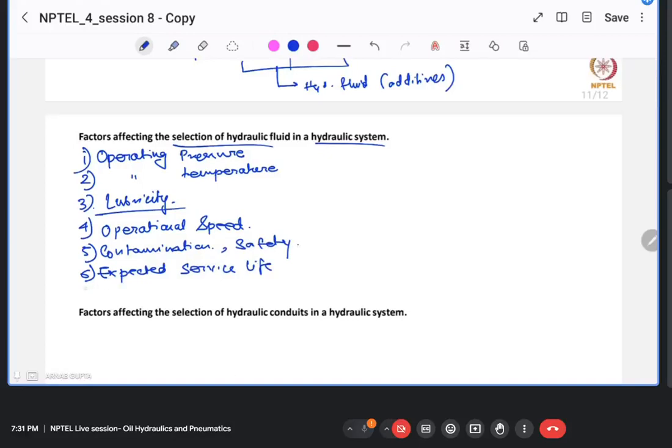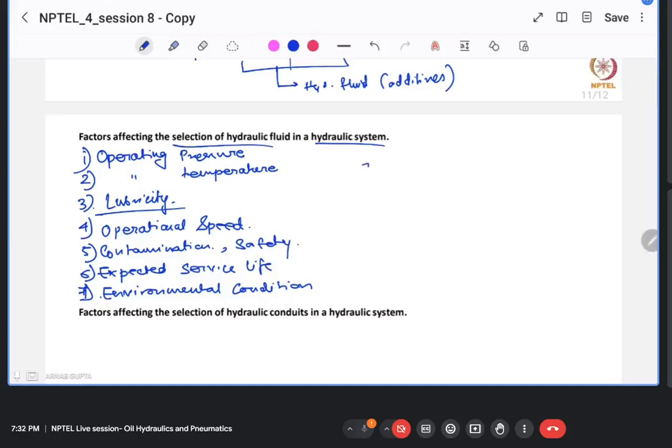Another important thing that I missed out is environmental condition. First of all, in what condition you're using it, whether you will be using any chemical based hydraulic fluid or a biodegradable hydraulic fluid.